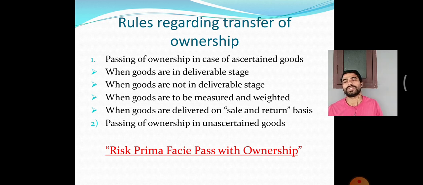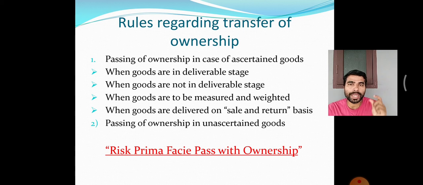Now, the second situation, passing of ownership in unascertained goods. Unascertained goods, this is a very complicated question actually. When will ownership be transferred in unascertained goods? The answer is, the ownership of unascertained goods will be transferred only when the goods are made ascertained.